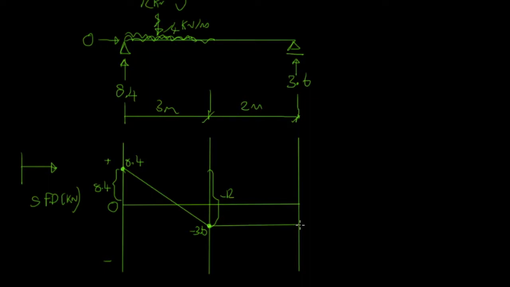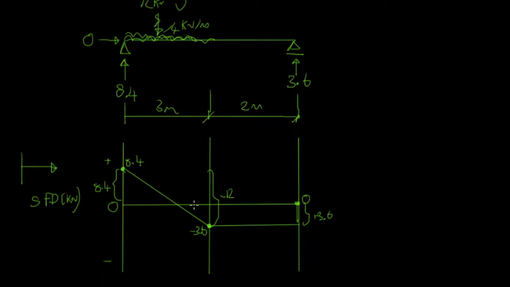But when we get to right hand side connection B, we've got the reaction force of 3.6, which is pushing us back up. So this is actually making us jump up, plus 3.6, and that takes us up to here, and that brings us back to 0.